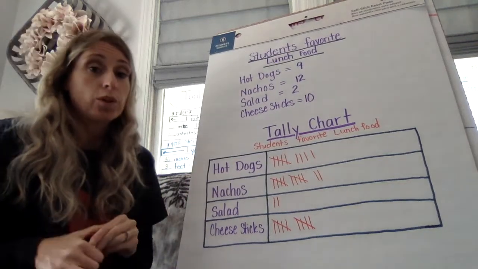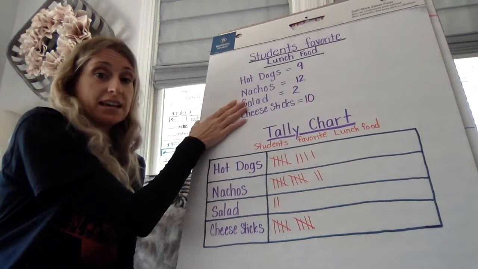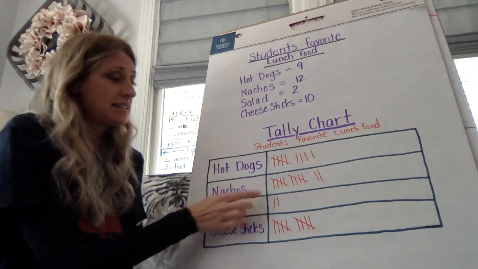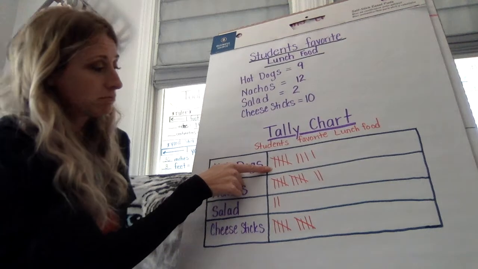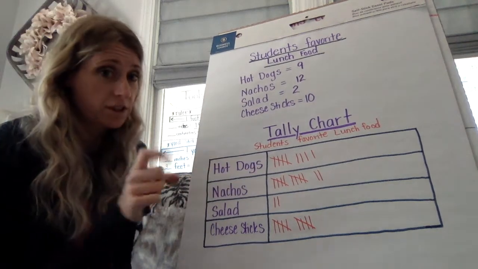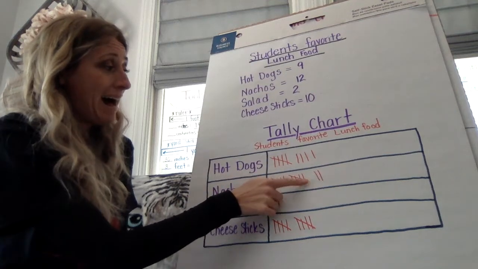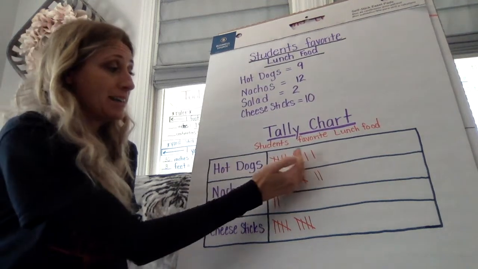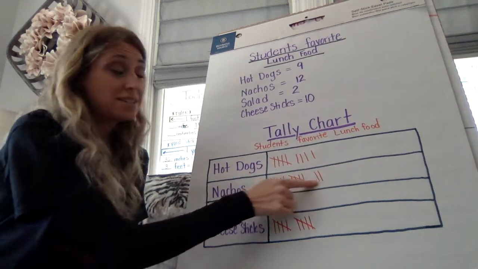Okay, this is our tally chart that represents this data. And you can easily see that hot dogs have, actually, I apologize for that one. Hot dogs do not have the most. Nachos have the most. I should have done a better job keeping these tally marks closer so that you could easily see that.